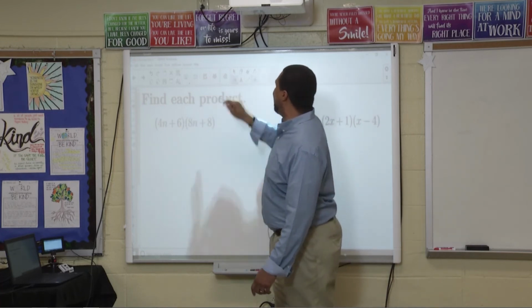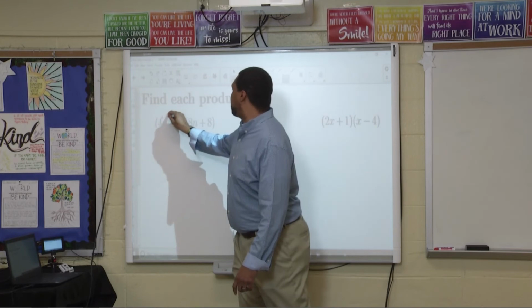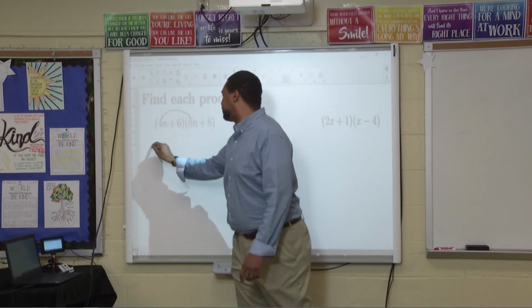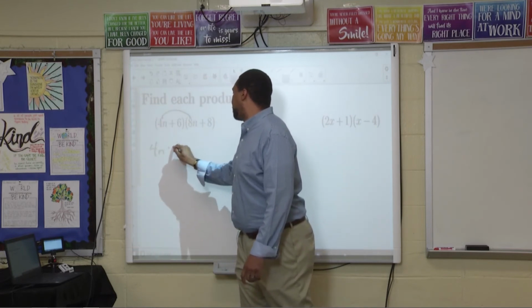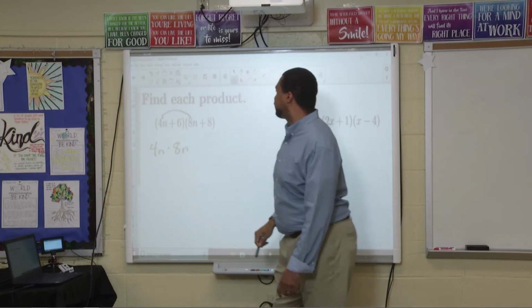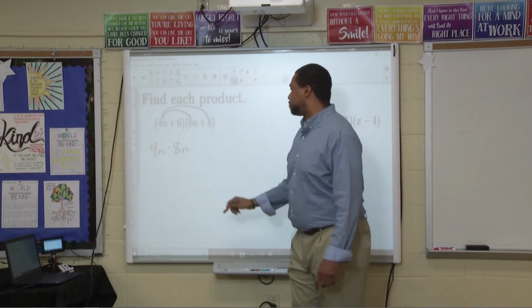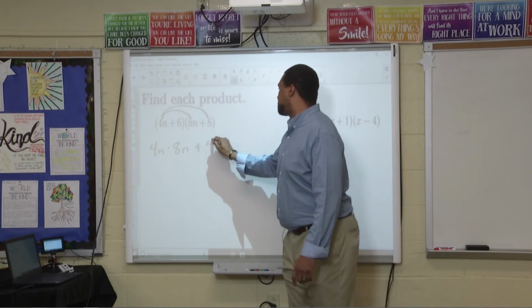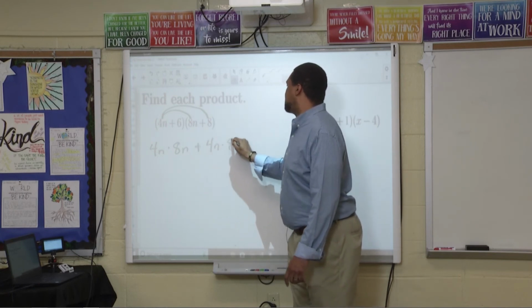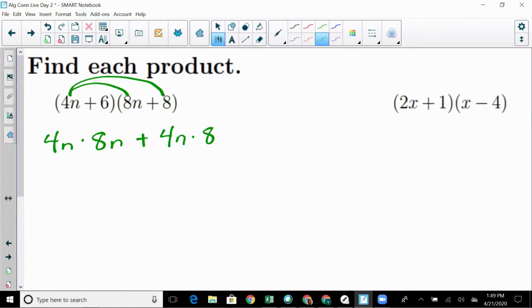So 4n multiplied to 8n, 4n multiplied to 8, 6 multiplied to 8n, and 6 multiplied to 8.